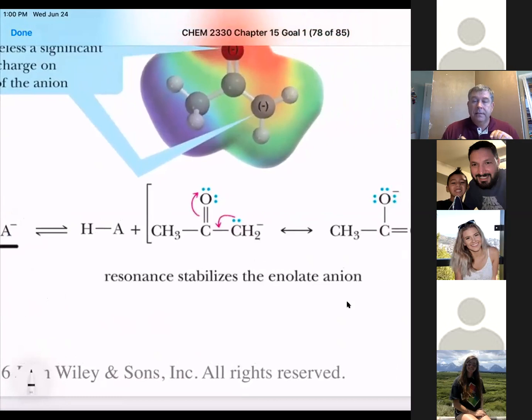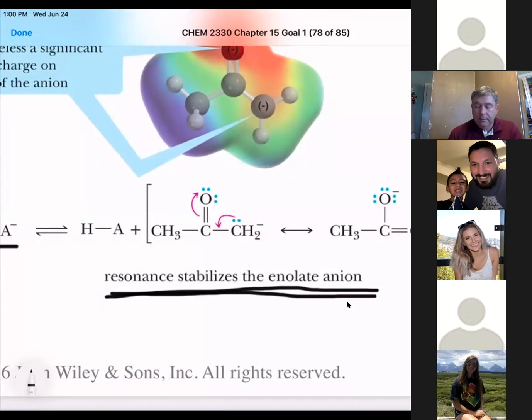However, because of resonance, that anion does not stay on that carbon, okay? So we should start looking like, remember in the chapter with ketones and aldehydes, we had that keto-enol tautomerism, okay? You should start seeing that, but instead of being neutral species and moving a hydrogen, we actually have a charged species. In that same tautomerism, it comes up as a resonance stabilized enolate ion, okay?